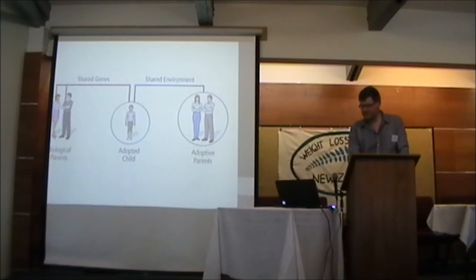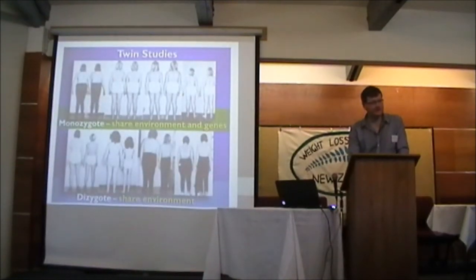So in adoption studies, they've looked at, say, individuals who come from obese families who are adopted and raised in a thin family. There's an 80% likelihood that they will themselves become obese, even if they are raised in a thin family, and vice versa. Twin studies are used a lot in psychology.